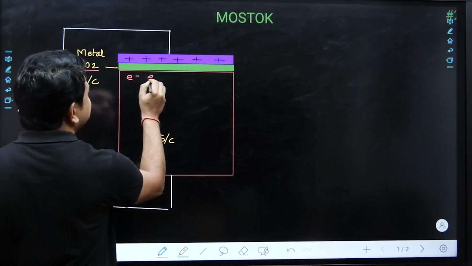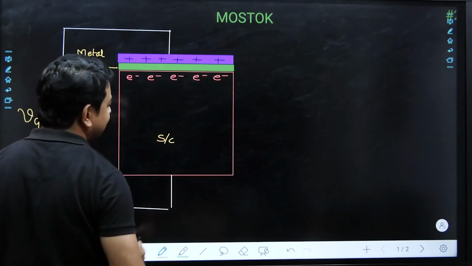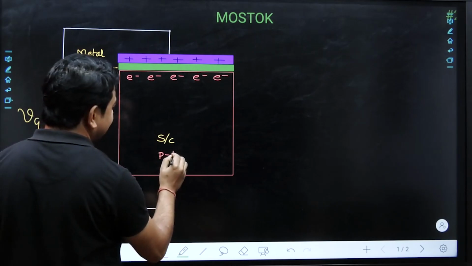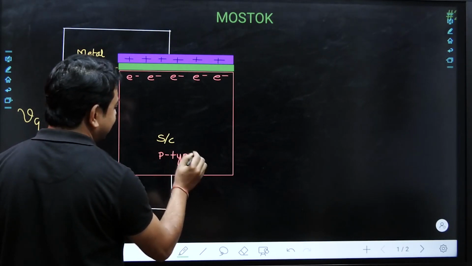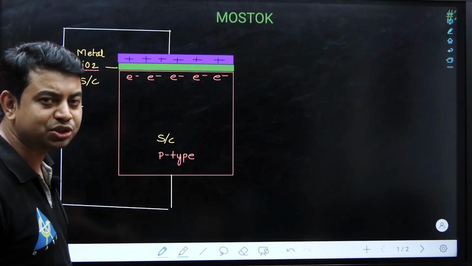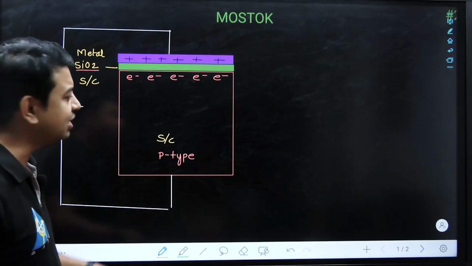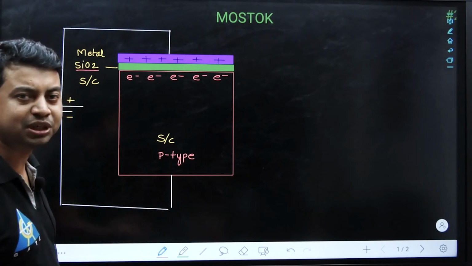Then the electrons will get accumulated at the top surface of this semiconductor body. And of course we have taken this as a p-type semiconductor. That means the conductivity at the surface of the semiconductor has been enhanced.